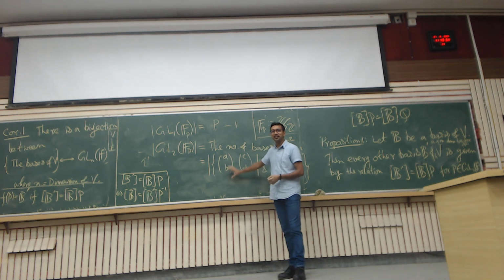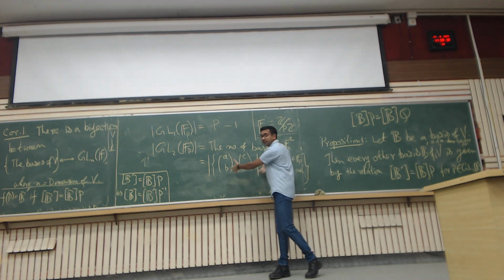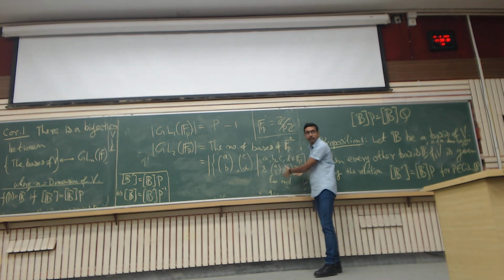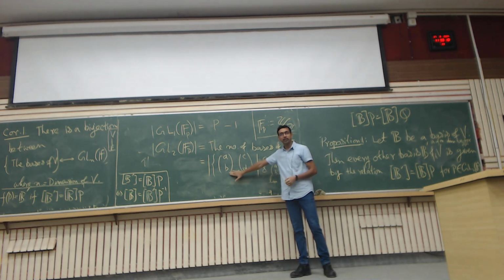So how many things do you have to throw away then? Two things. So P square minus 1, right? Yes, exactly. In P square minus 1 ways, you can choose the first vector which is non-zero, that is, which is linearly independent. A choice of A, B and C, D will not be linearly independent if, when you are just choosing one element, you are choosing a zero vector here.